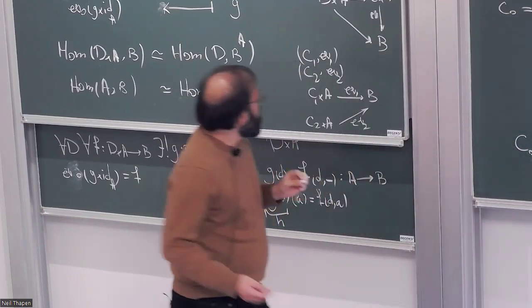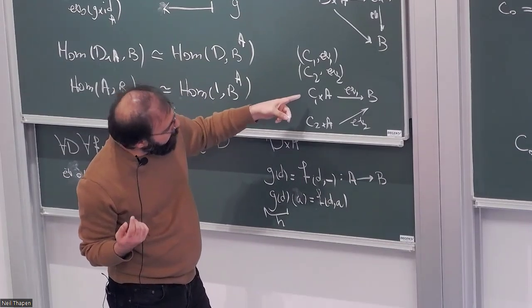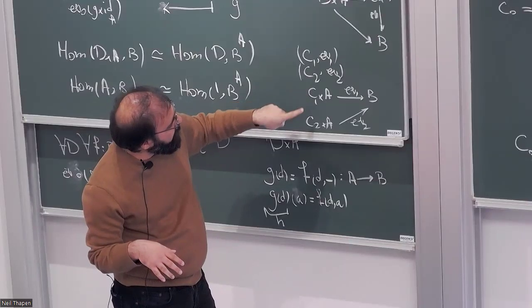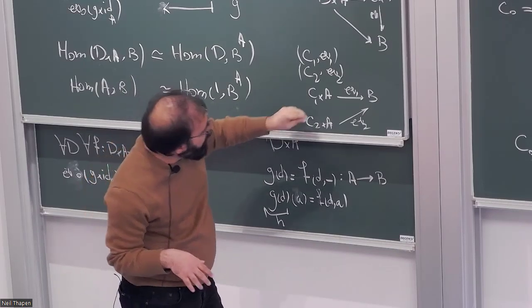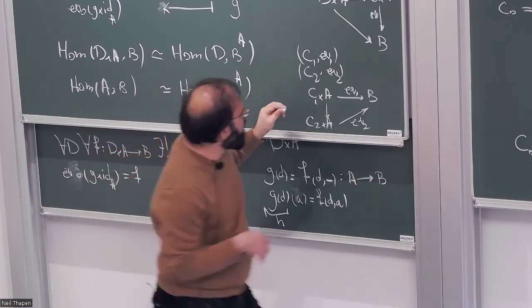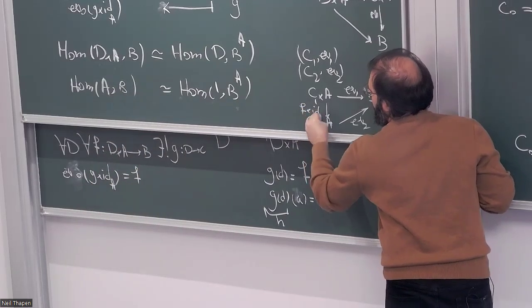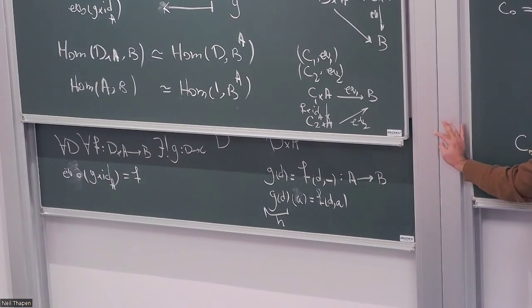So what I mean is that there exists some isomorphism between C1 and C2, let's say the name is F, such that F times identity on A makes this commutative. Okay, I guess that turns up somehow from the maximality or something.